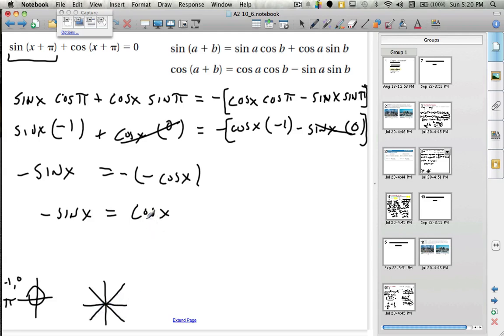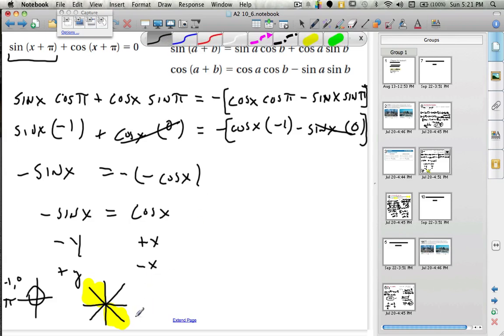But what we want is a positive x-coordinate where we have a negative y-coordinate. Okay, so, or we could have a negative x-coordinate and a positive y-coordinate, either one. So that would be this quadrant here and this quadrant here, where cosine and sine are opposites.